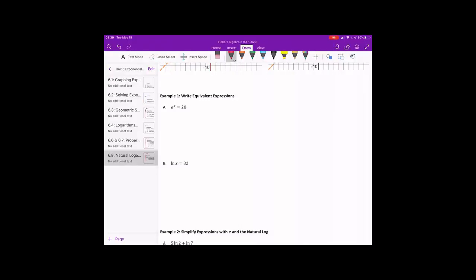If I have a to the b is equal to c, or we could use whatever letters, b to the x is equal to y, that's going to go into the log, not the natural log, but the log base a of c is equal to b. But here's the thing, e is our base, and so that's going to go here.